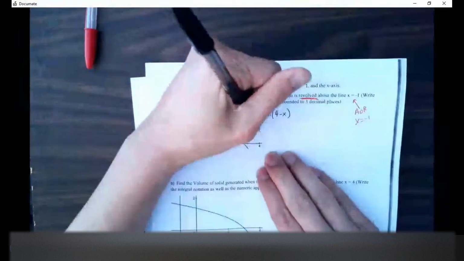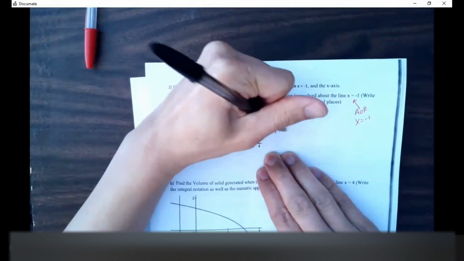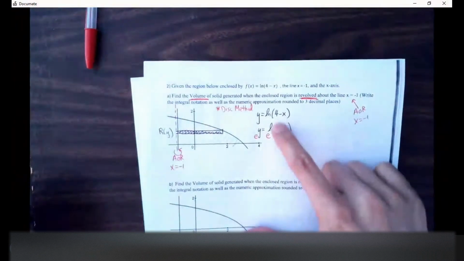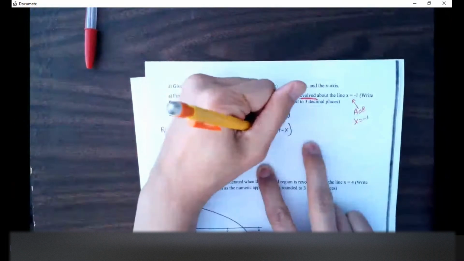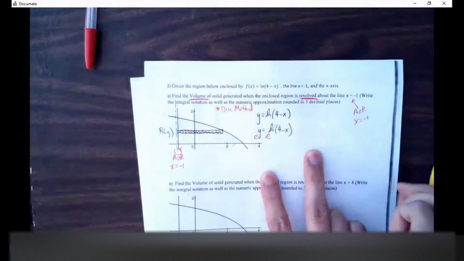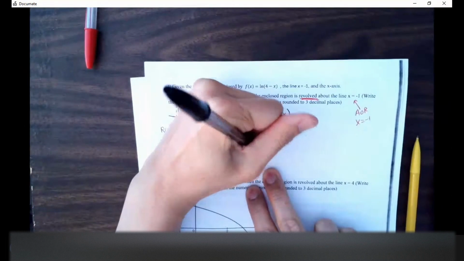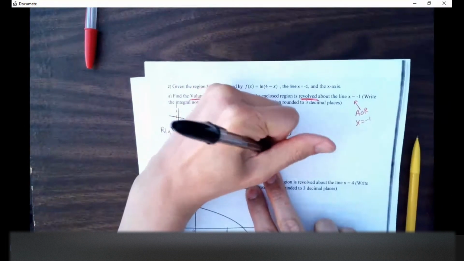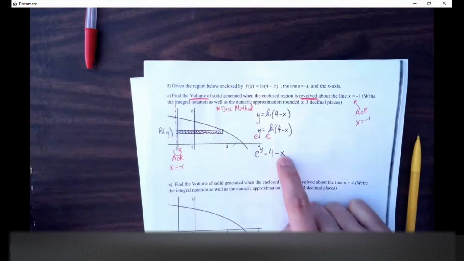So raise both sides with e as the base, and that will cleanly take out what we want to move. Parentheses can drop. I'm left with e to the y is equal to 4 minus x. Now that x is free to move around, I want to get that x by itself.